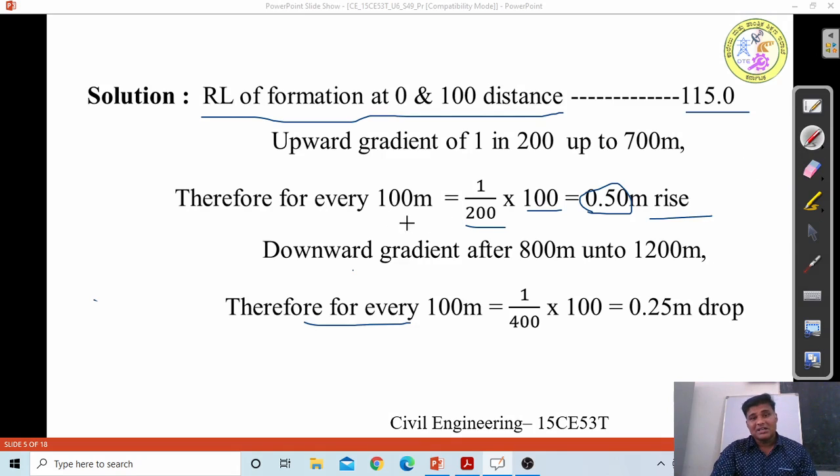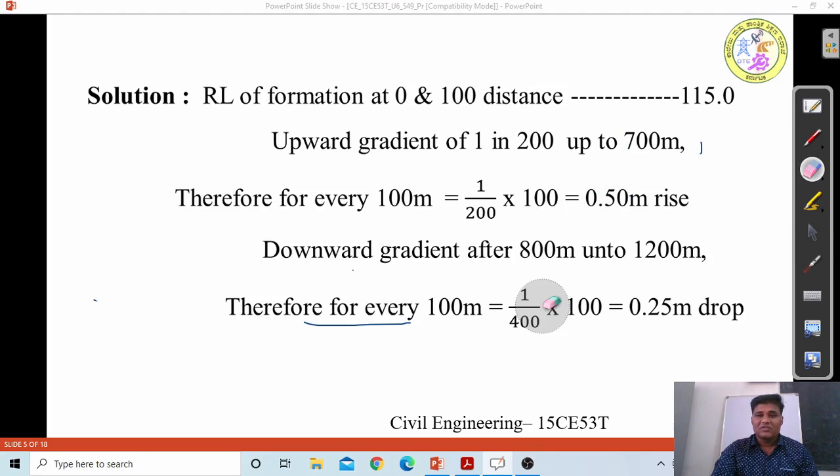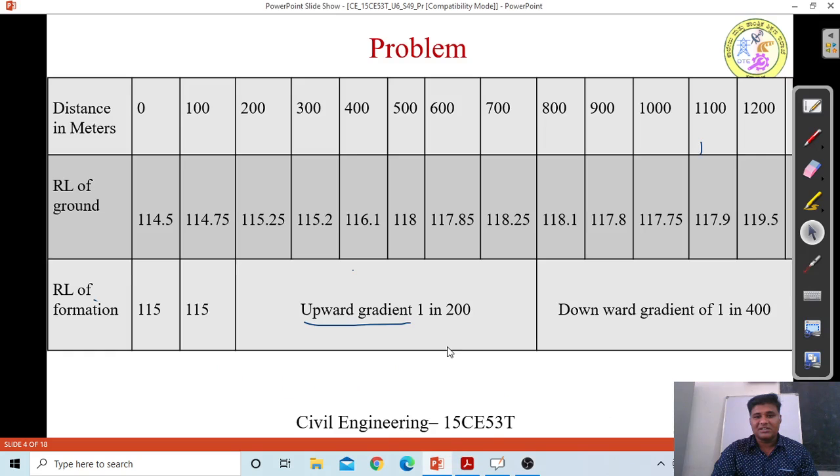This 0.5 meter rise will continue up to the 700 meter distance. Again, from 700 meters distance, he has told that there is a downward gradient of slope 1 in 400, and the interval is also 100: 900 minus 800 is 100, 1000 minus 900 is 100, 1100 minus 1000 is 100, and 1200 minus 1100 is also 100.